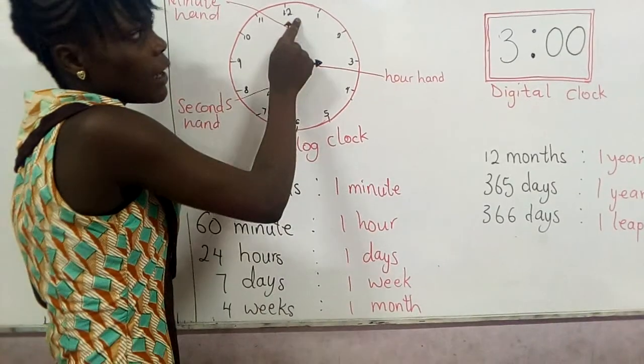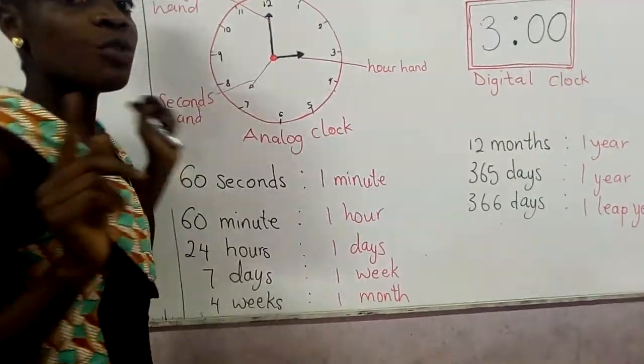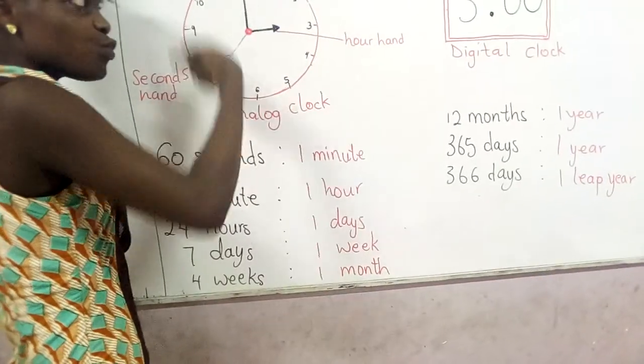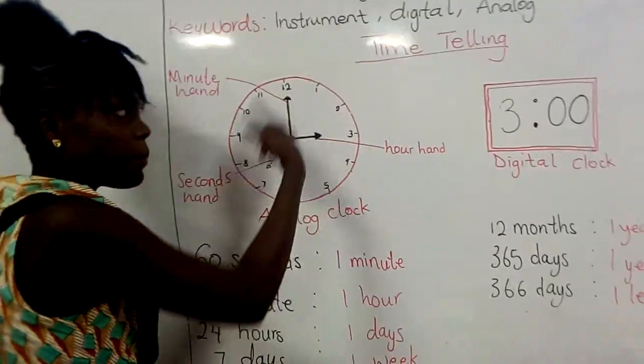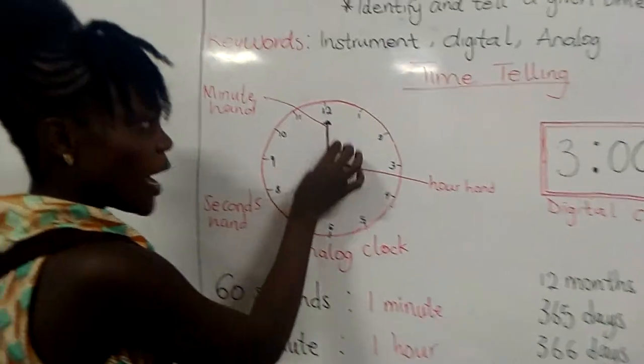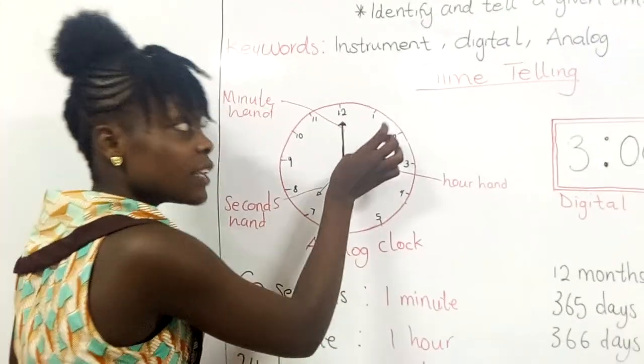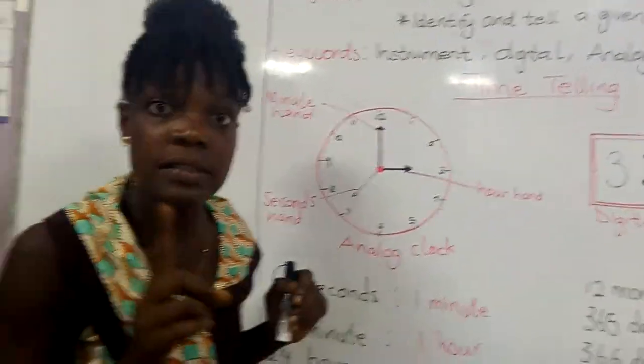When it moves from one number to the next, that means we've gotten 1 minute.